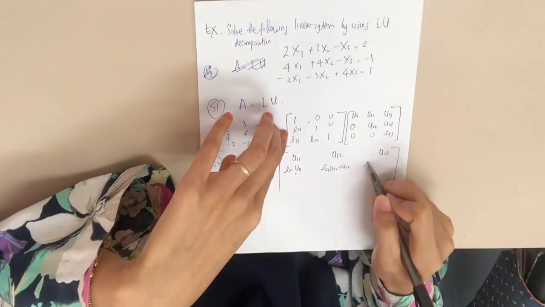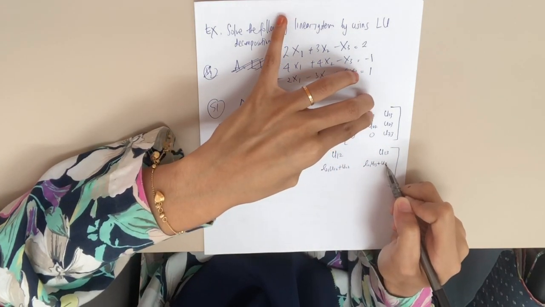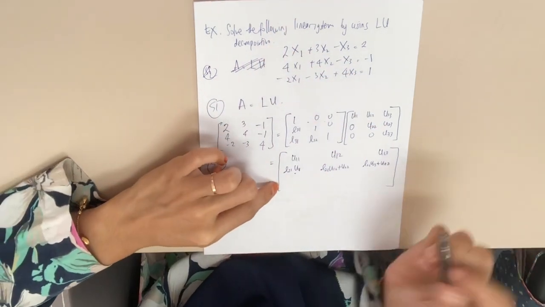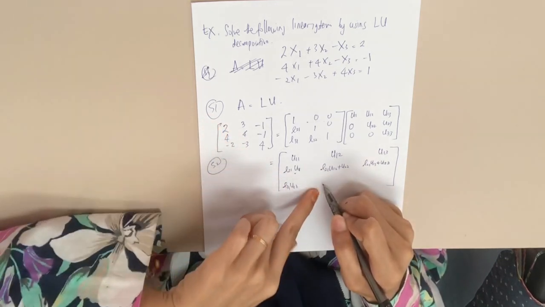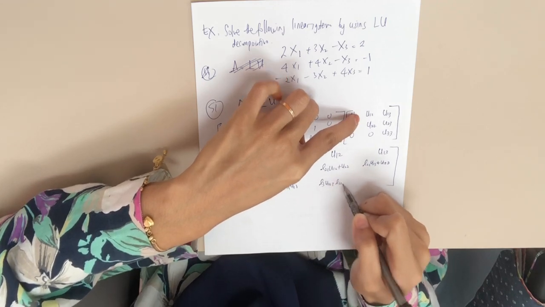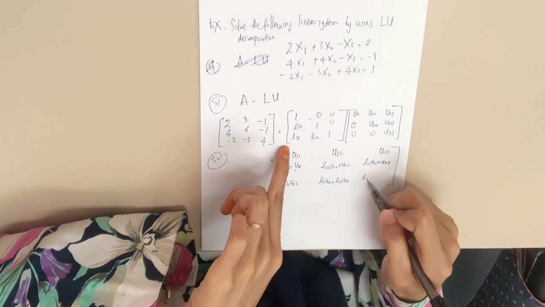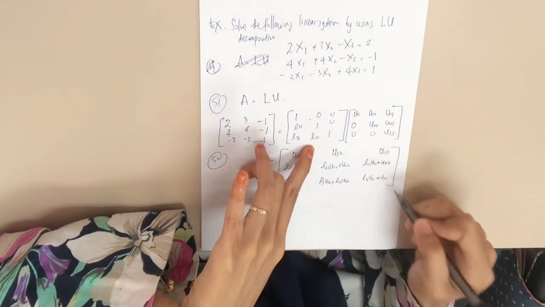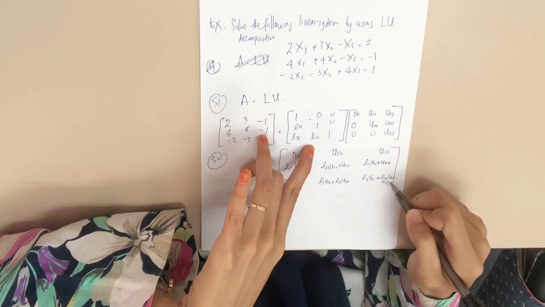For this one, L21 U13 plus U23. Then L31 U11, then L31 U12 plus L32 U22, and the last one is L31 U13 plus L32 U23 plus U33.